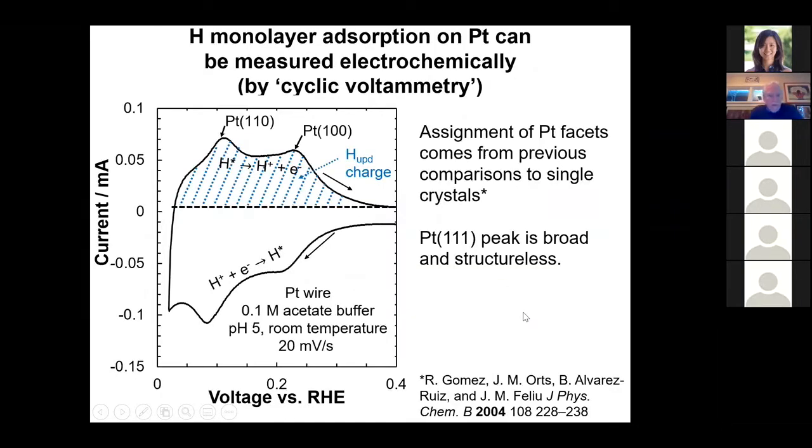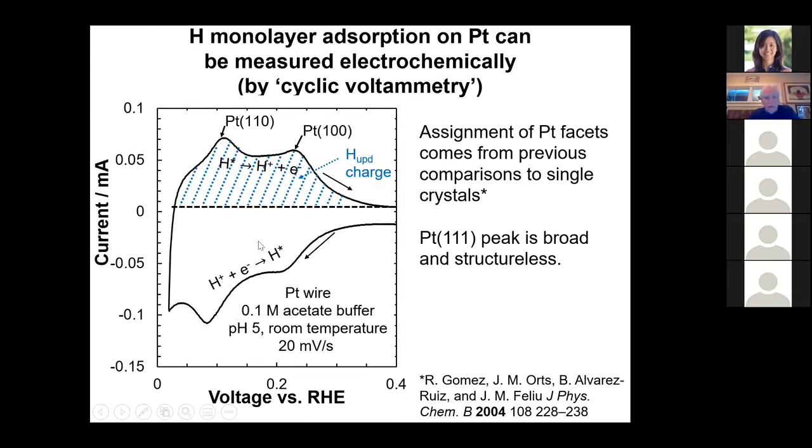We measured this, it was Nirala's idea, measured the amount of adsorbed phenol by looking at how much it blocks the hydrogen adsorption in cyclic voltammetry. And so this is the cyclic voltammogram of platinum 111.